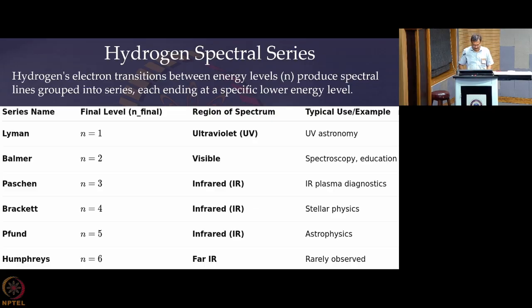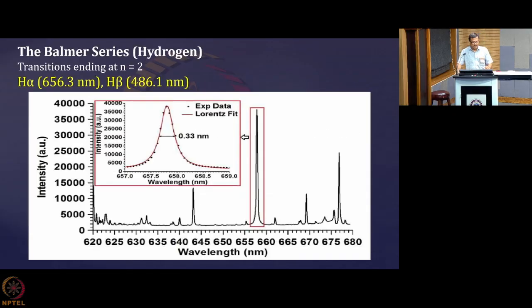Now, I'll show you one example of that. This is one I have already shown you in our regular classes. So there are two lines, H alpha and H beta. Their wavelengths are shown over here, and the line at 656.3 nanometer, as it appears in the overall spectrum, looks like this.